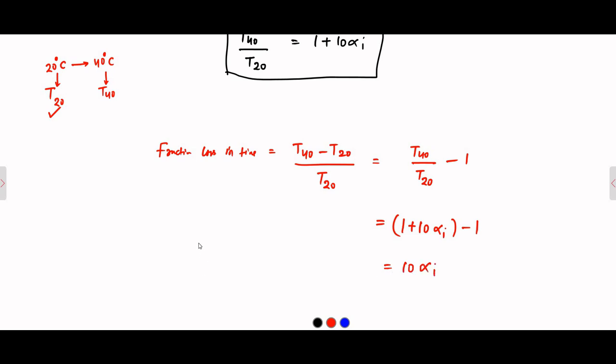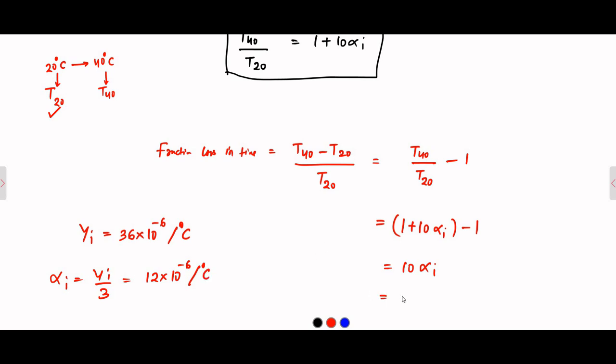Here in the question it is given gamma l is 36 into 10 to the power minus 6 per degree Celsius. So we have to use the relationship alpha l is equal to gamma l by 3. That is equal to 12 into 10 to the power minus 6 per degree Celsius.